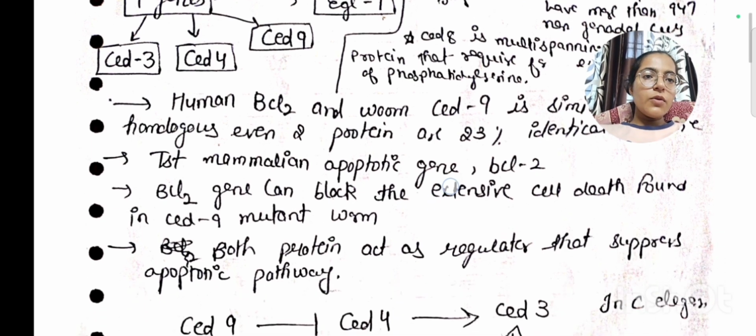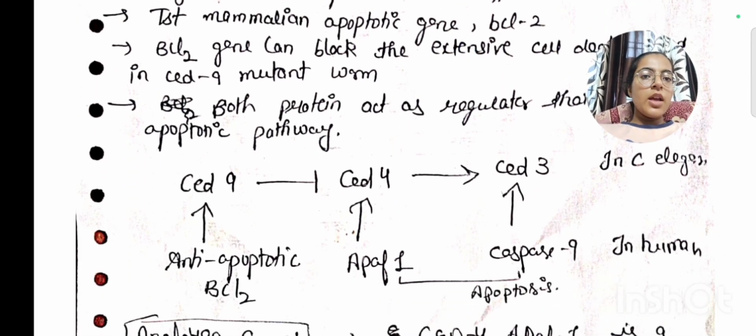We need to focus on this diagram. It shows which genes are correlated with each other. CED9 is correlated with BCL2 and vice versa. CED4 performs a function like APAF1 in humans, and CED3 is equal to caspase 9.